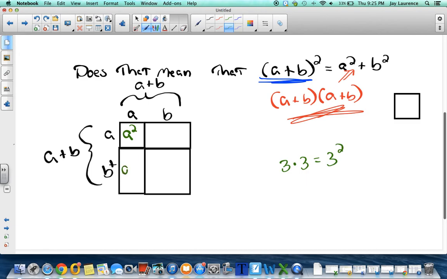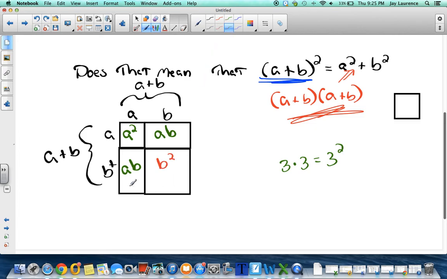Well, a times b is ab. This rectangle here is congruent to it: a this way, b that way, so it will be a times b. Now this square here is b units long and b units tall. Well, b times b is b squared.